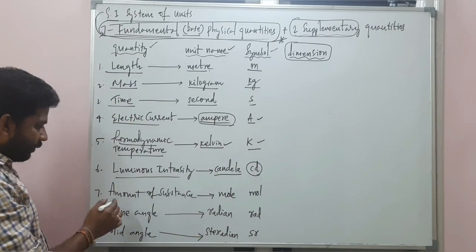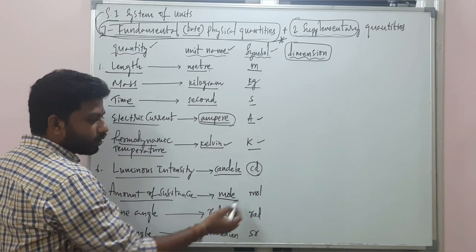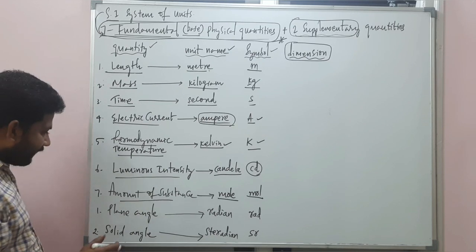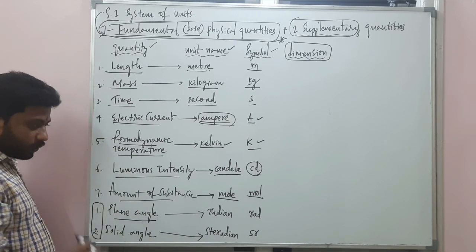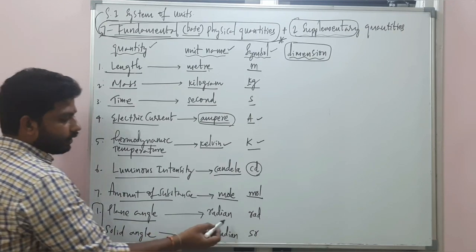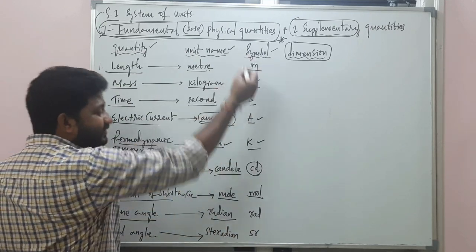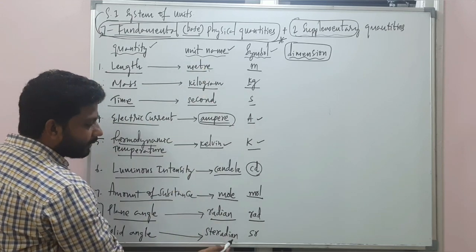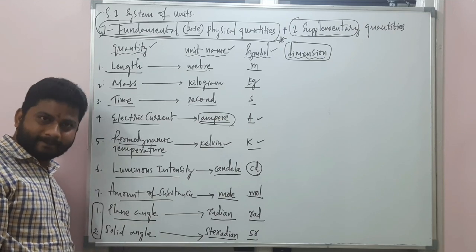Now, amount of substance, mole. Symbol is mol. Plane angle, these are the 2 supplementary physical quantities. Plane angle, it's radian. Symbol is rad. Solid angle, its unit name is steradian. Its symbol is sr.